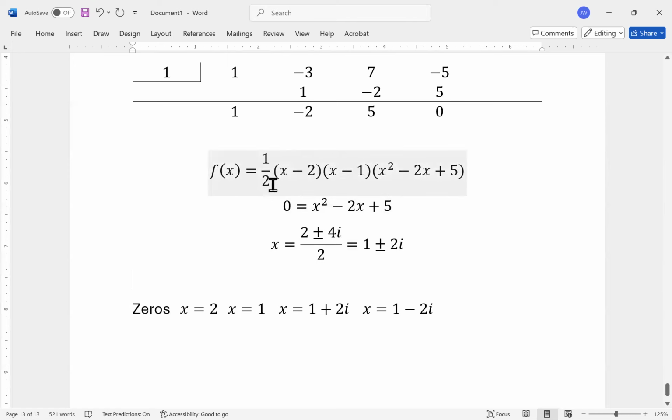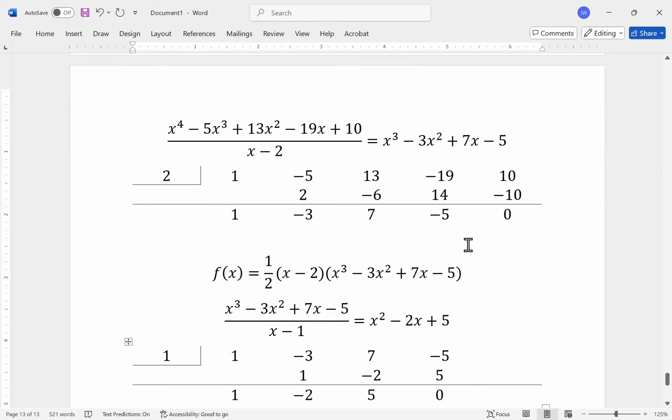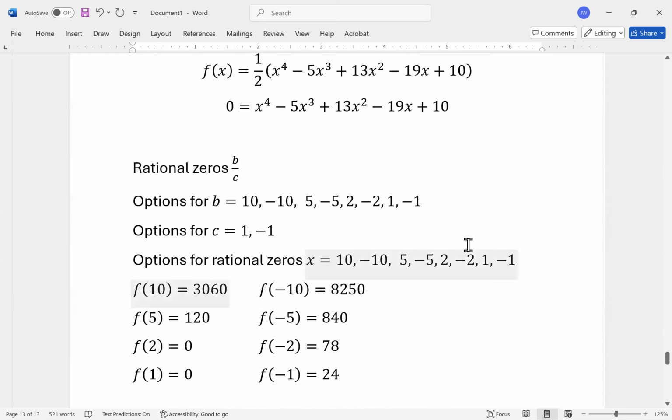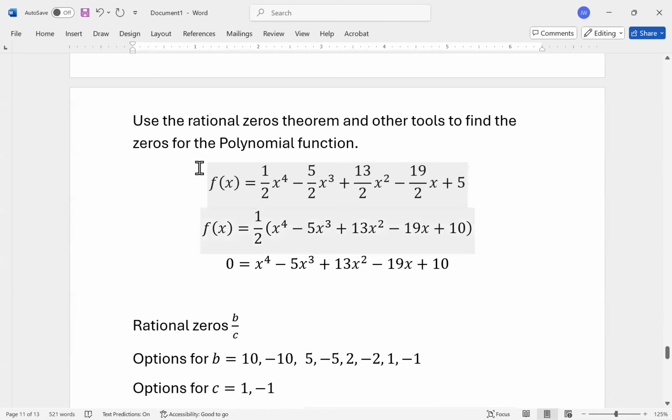Here we also factored out 1/2, or multiplied by 2 to begin with. So this rational zeros theorem, along with these other tools, are really effective at finding zeros for polynomial functions.